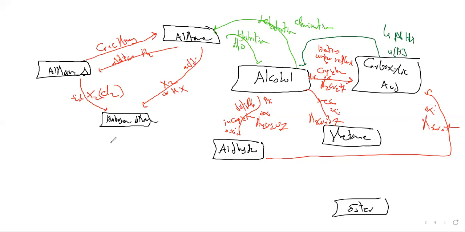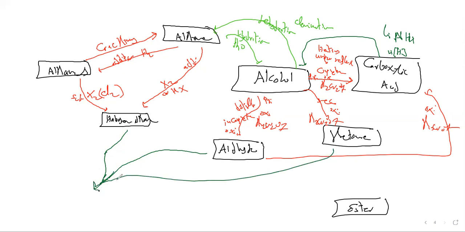Then the halogen alkanes, aldehydes, and ketones, they are reacting together with HCN or KCN to form nitrile.